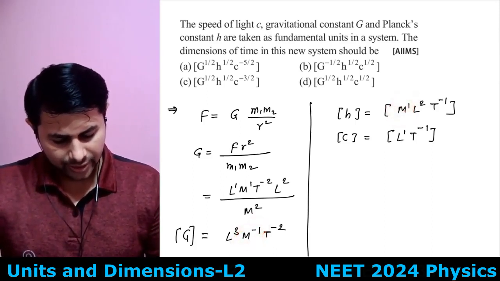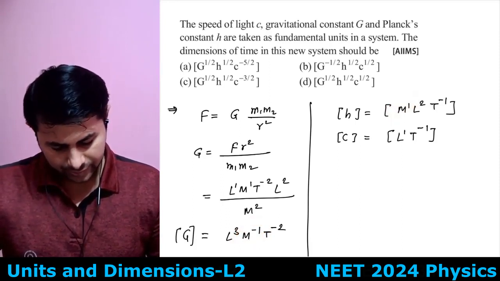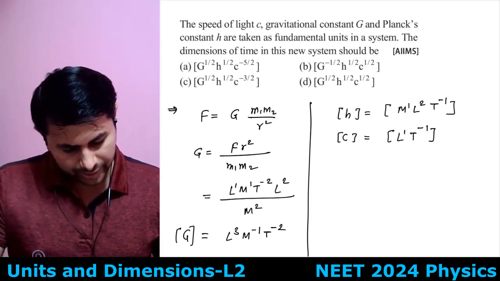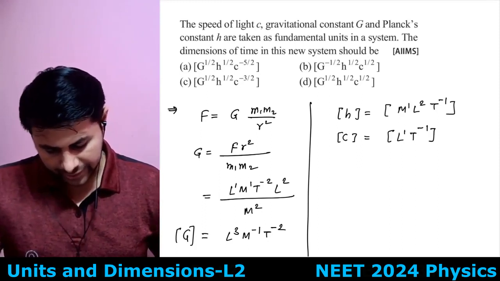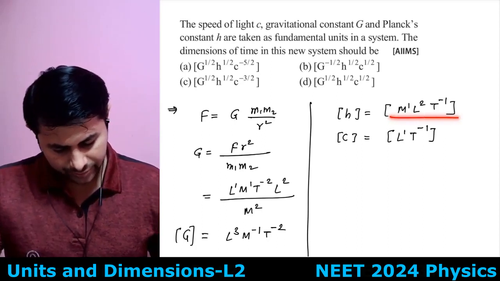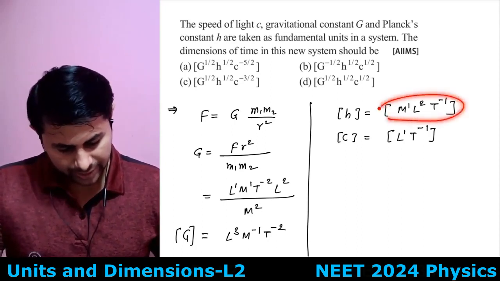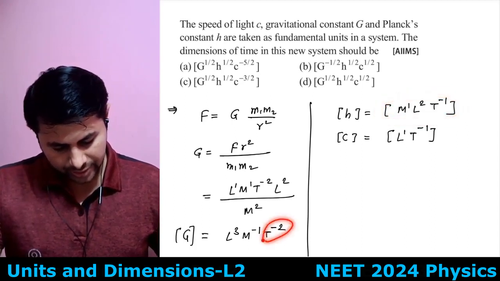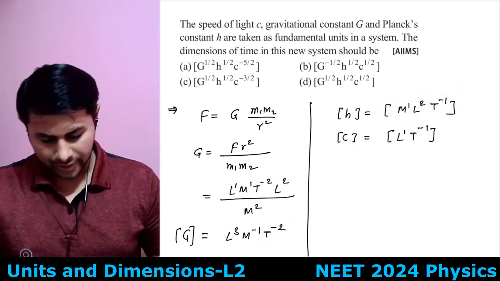So it does not get cancelled out. What if I multiply them? Then M will get cancelled out. That we can do. If we multiply them, T becomes T raised to minus 2 and minus 1, T raised to minus 3.